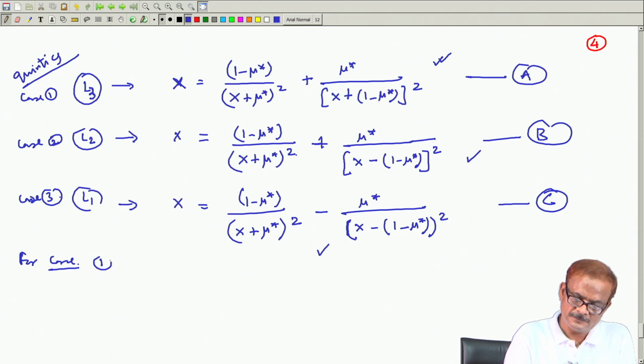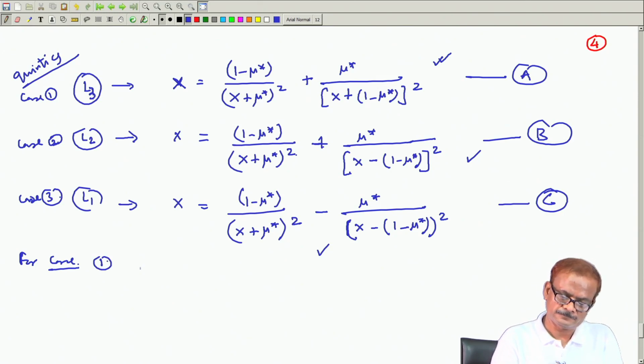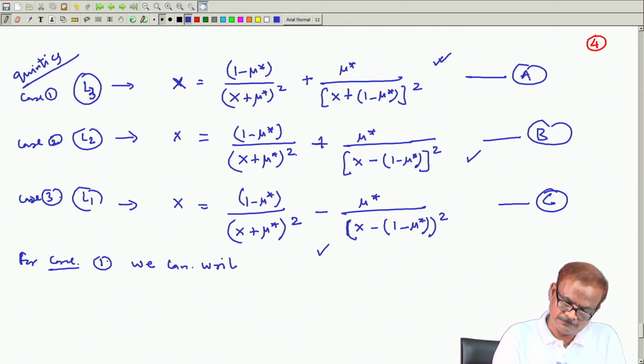So, for case 1, if we rearrange this equation, this you can do yourself, I am not going to write it here.